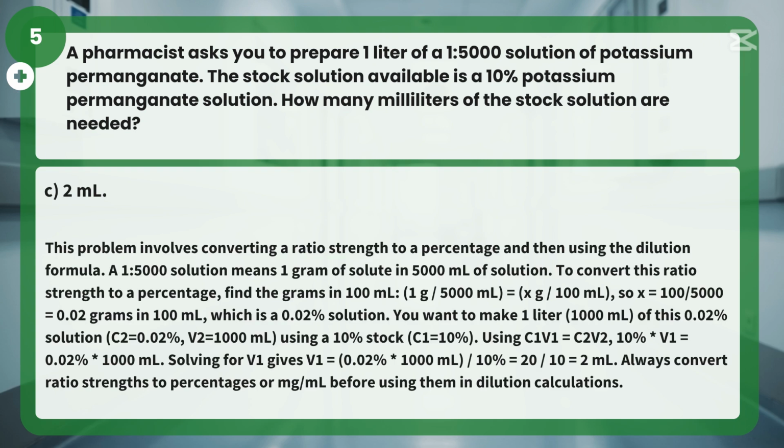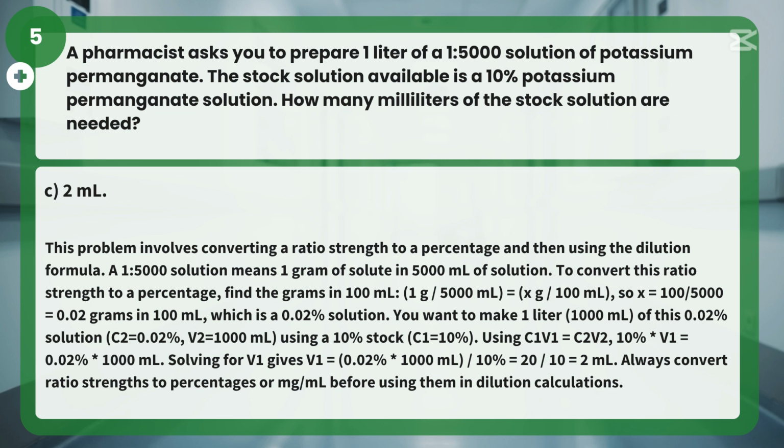Answer: C. 2 milliliters. This problem involves converting a ratio strength to a percentage and then using the dilution formula. A 1:5000 solution means 1 gram of solute in 5000 ml of solution. To convert this ratio strength to a percentage, find the grams in 100 milliliters. 1 g / 5000 milliliters equals x g / 100 milliliters, so x equals 100 divided by 5000, which is 0.02 grams in 100 milliliters, which is a 0.02% solution.